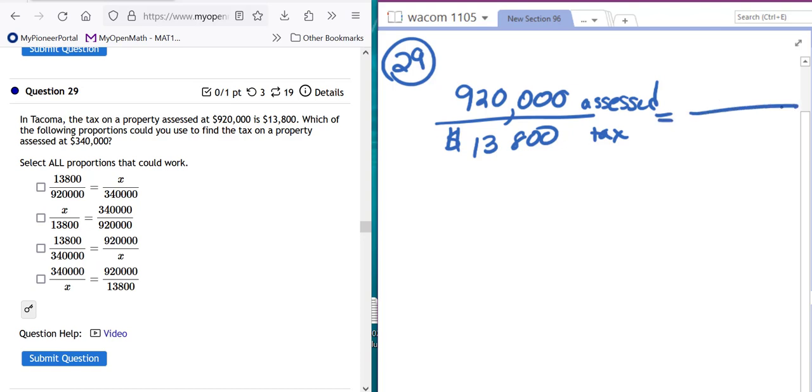All right, over here, you have to write the same things in the same places. I'll just leave it A, okay? All right, so if we read the rest, which of the following proportions could you use to find the tax on a property that is assessed at $340,000? So you would put the $340,000 up here because this unit needs to be the same.